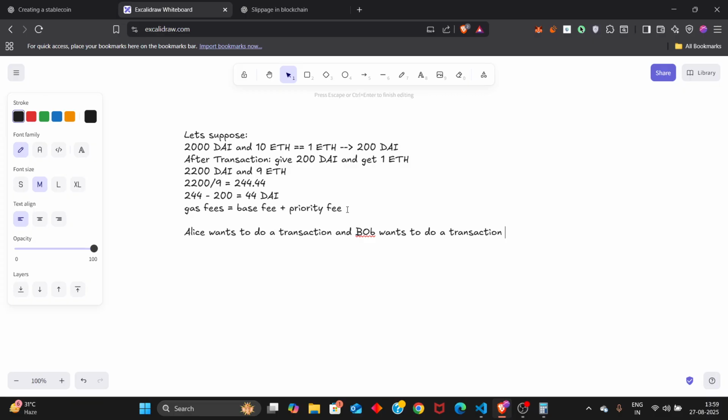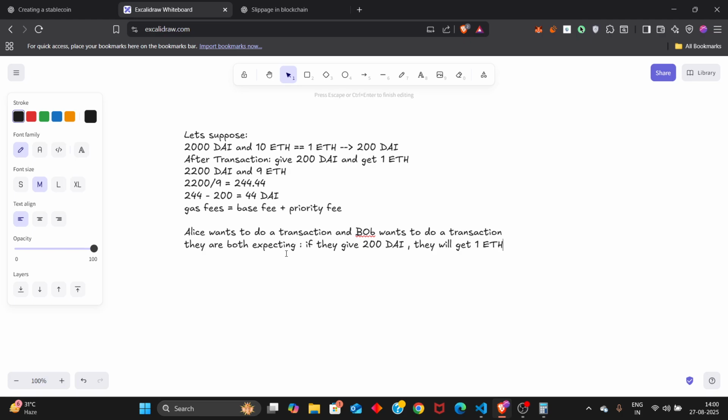They are both expecting that if they give 200 DAI, they will get 1 ETH, and vice versa.